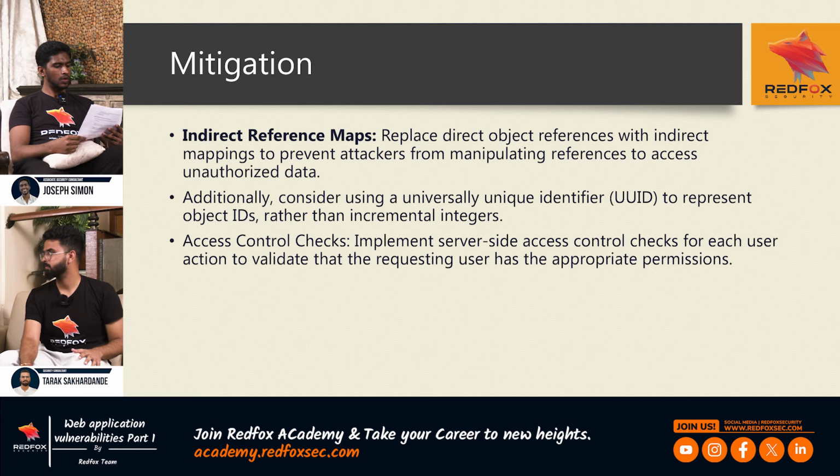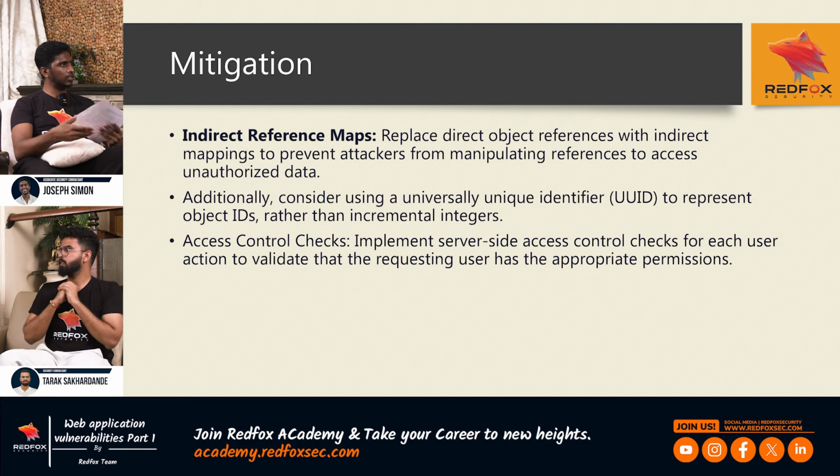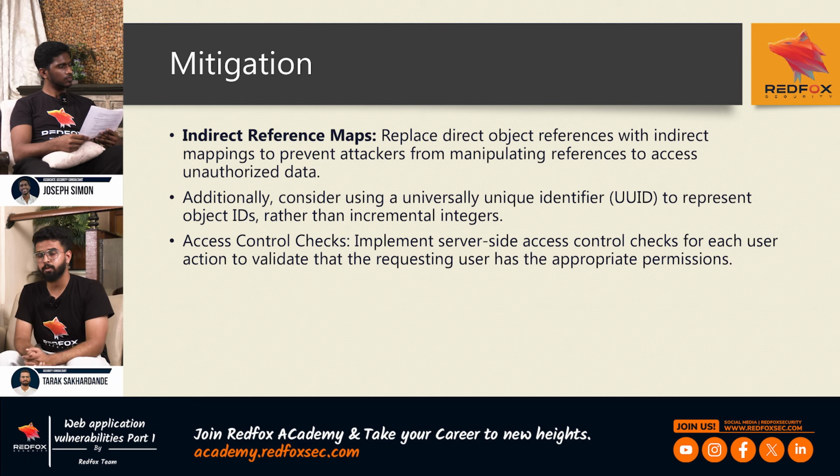Yep. Okay. So now that we have finished all the vulnerabilities, I think we should just give a brief of mitigation for each and every vulnerability. Okay. So just a recap for that. All right. So we started off with brute forcing. A mitigation for that was implementing rate limiting and user account lockouts.